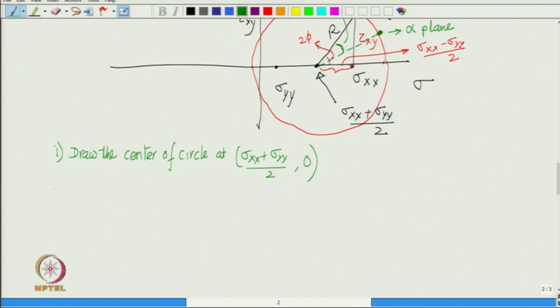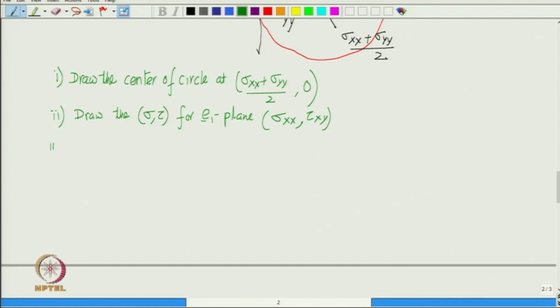Okay. Number 2, draw the sigma, tau for the E1 plane, which would be at sigma x x, comma tau x y.